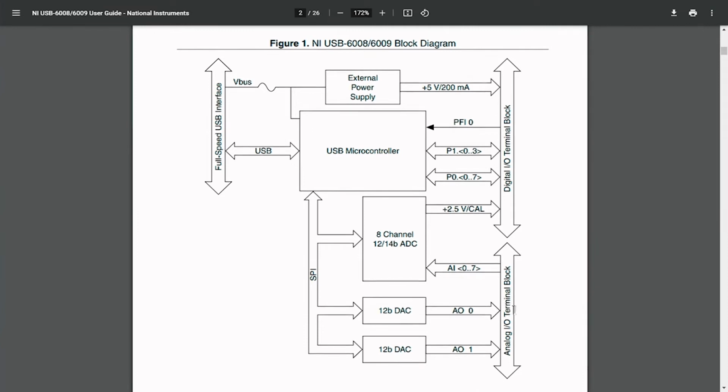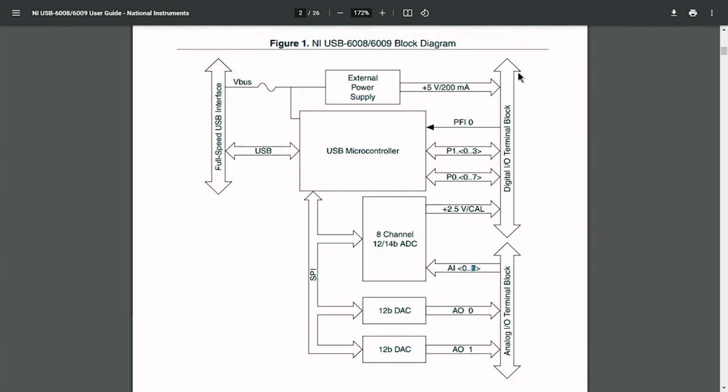So that information can be collected or given from the analog input terminal blocks. There are dedicated analog input terminals as well as analog output terminals available on the analog rail. There are AO0 and AO1. AO represents analog output, channels 0 and 1, whereas AI represents analog input 0 to 7, which means a total of 8 channels can be utilized.